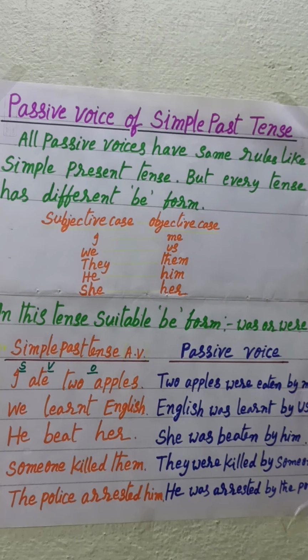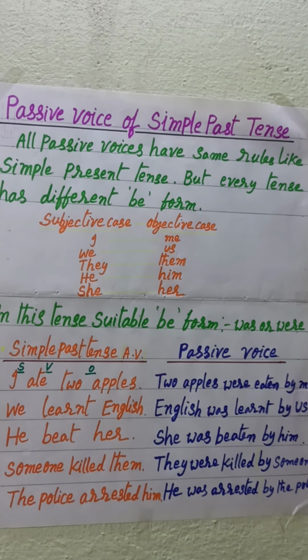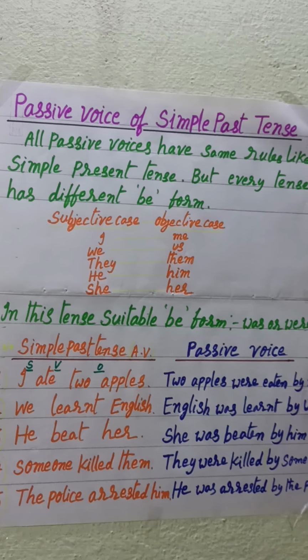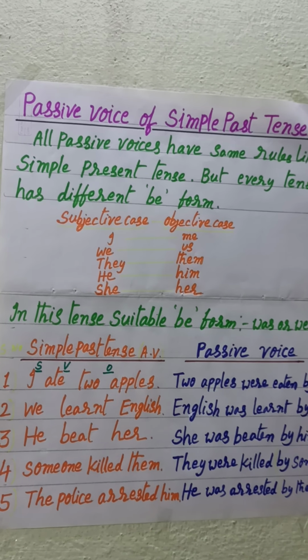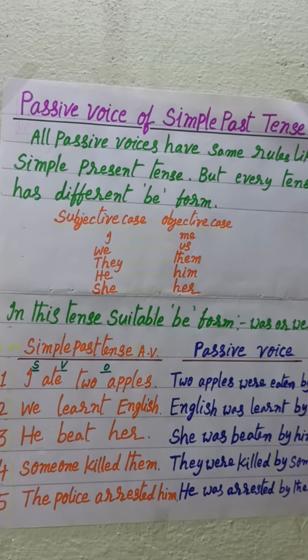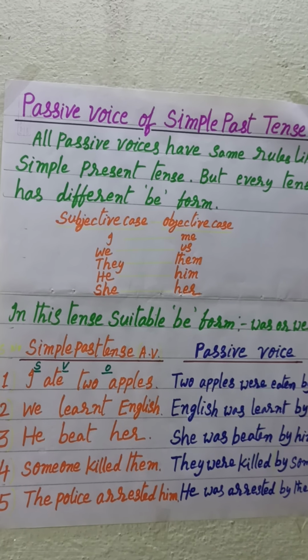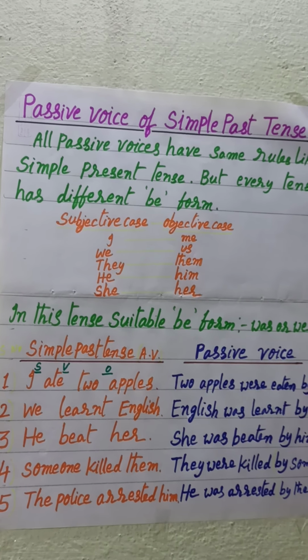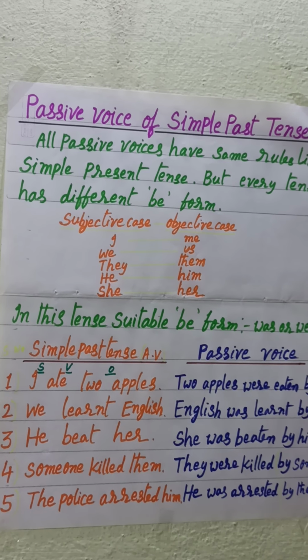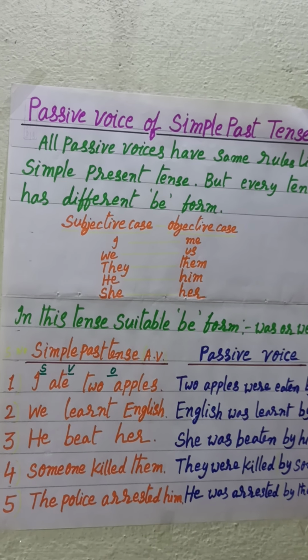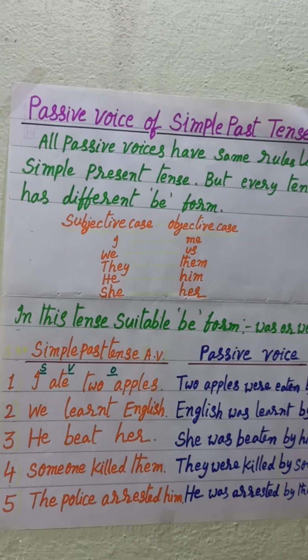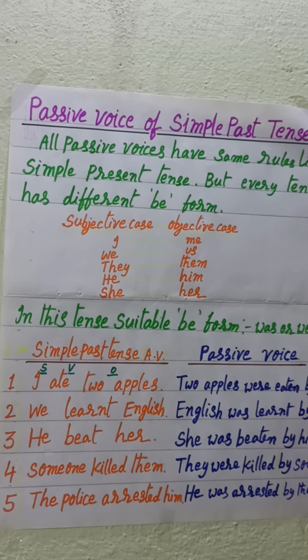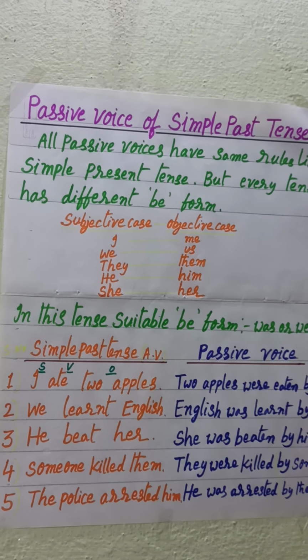In the active voice, 2 apples is the object, and it becomes the subject in the passive voice.